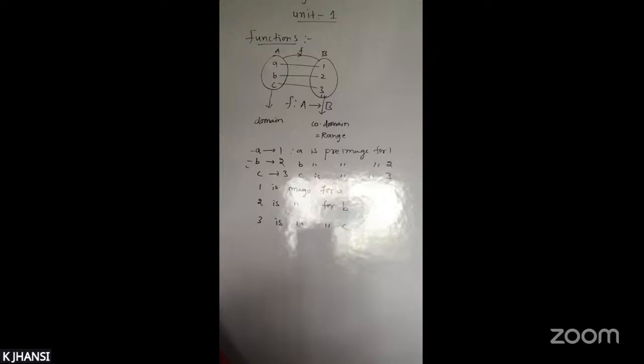On bijection, we have theorems, and some important problems are also in your lab manual, in practical classes. There also you have problems on bijective functions. If you know the concept of bijective functions, it will be very useful in the homomorphism in the sixth unit.